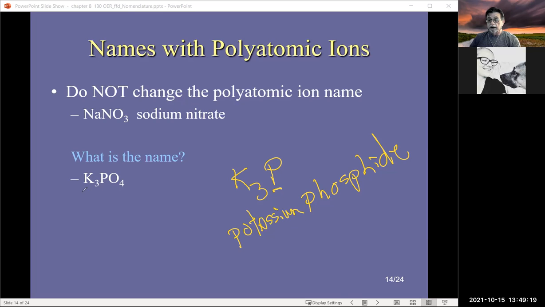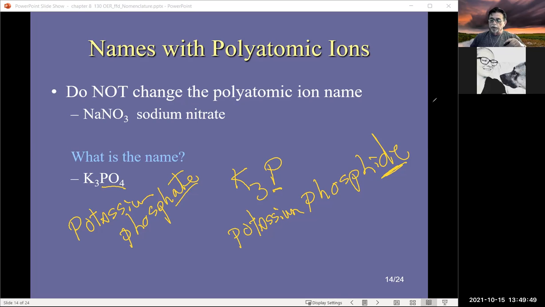Okay. And this one's potassium phosphide. I look over here, this is the potassium phosphate, ATE. The IDE always should tell you you're dealing with the single element, just the sulfide, just the sulfur, oxide, just the oxygen, okay? Fluoride, just fluoride.